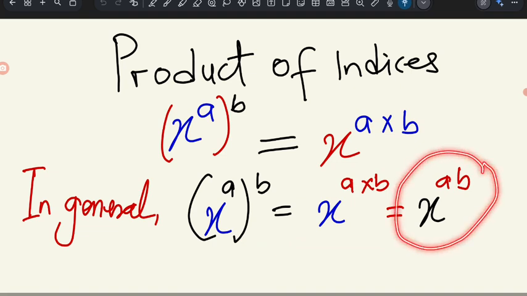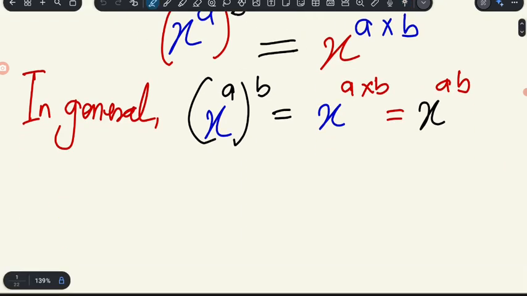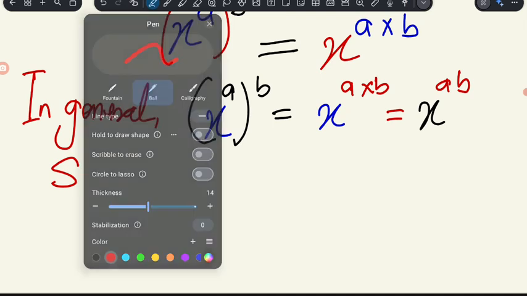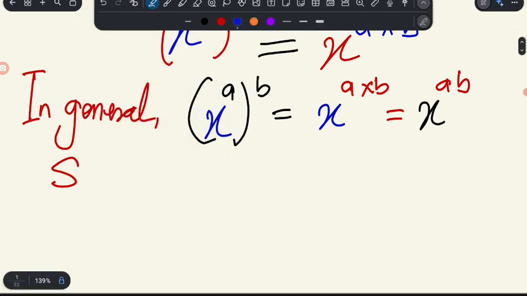So let's try to have some examples to explain this very well. Let's simplify some values.